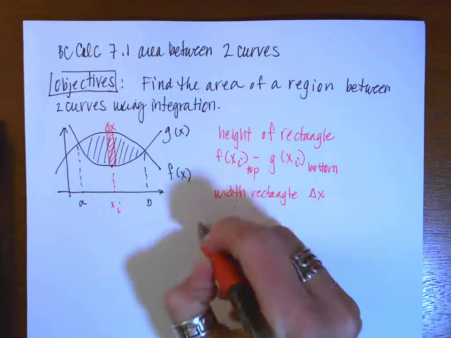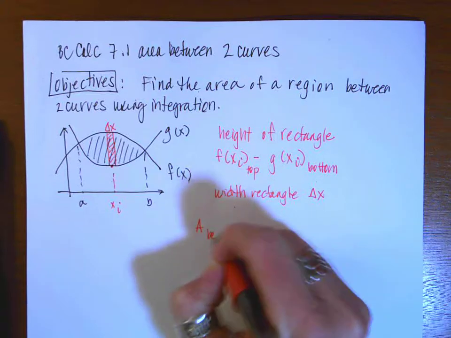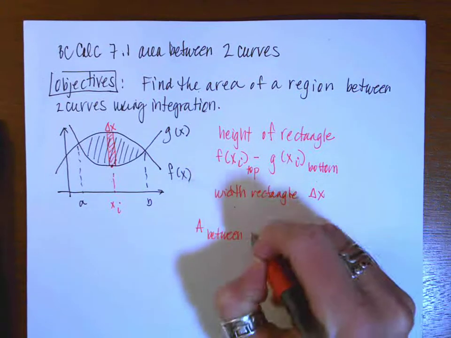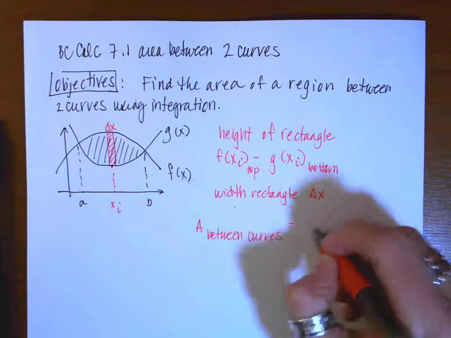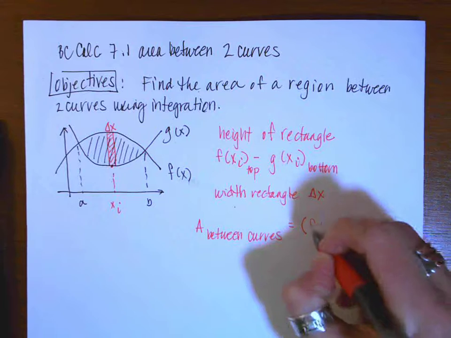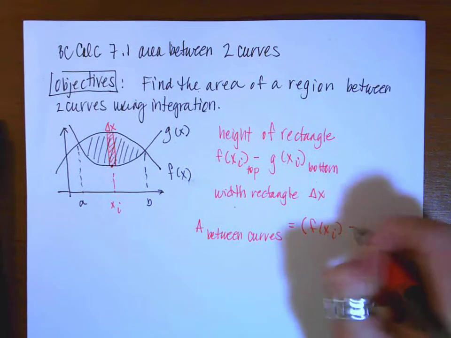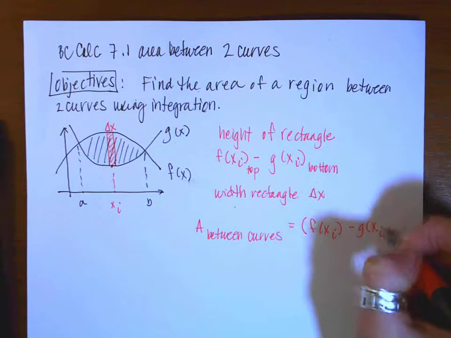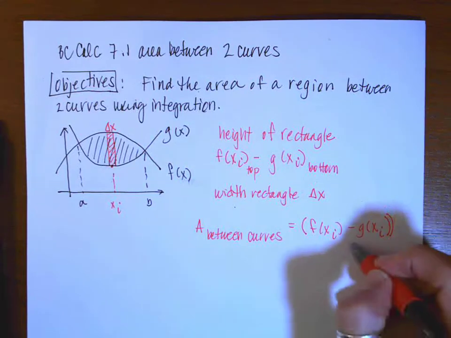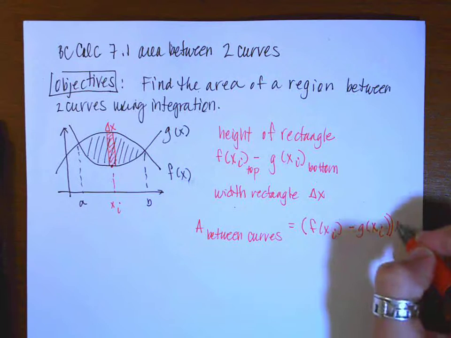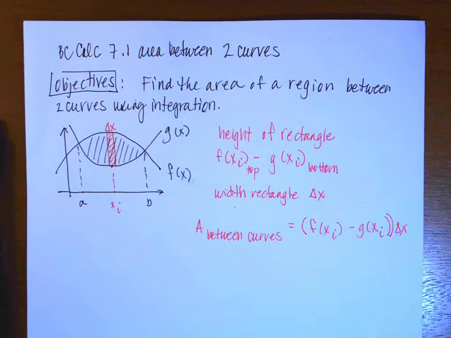All right, so then the area between the curves is going to equal f of x sub i minus g of x sub i, because this is the height of the rectangle, times delta x.